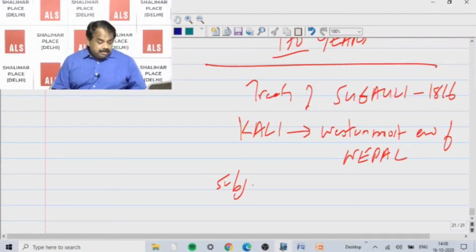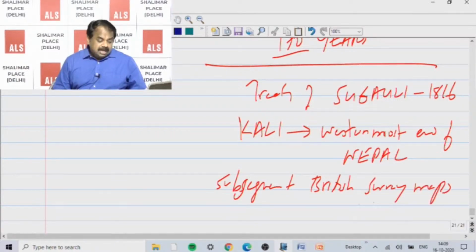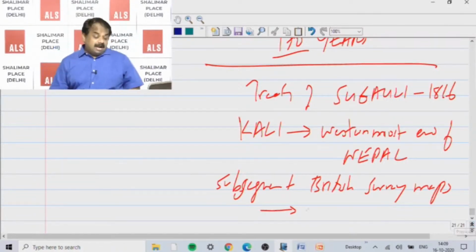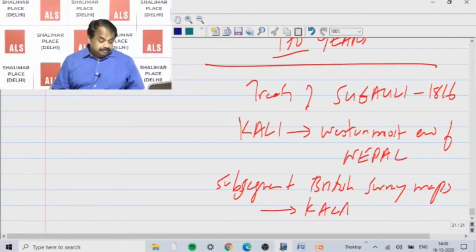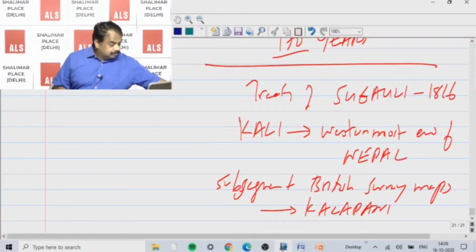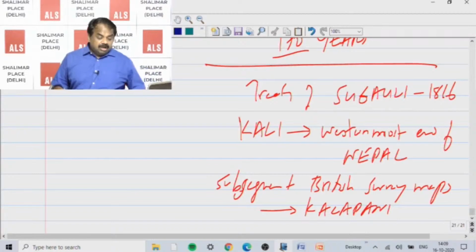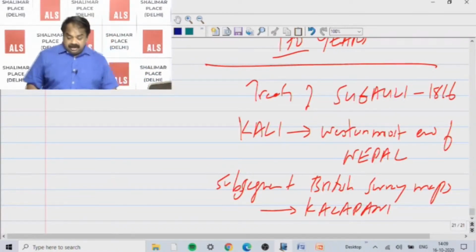Subsequent British survey maps have shown the origin of Kali as just below Kalapani.